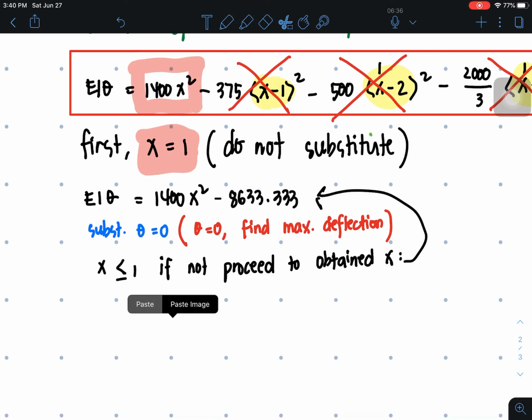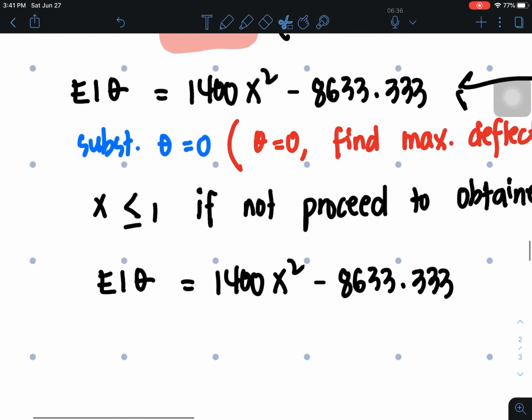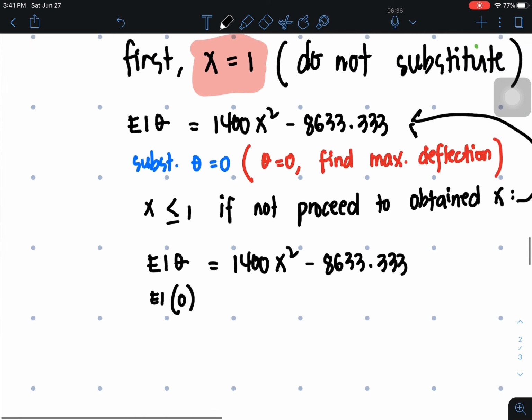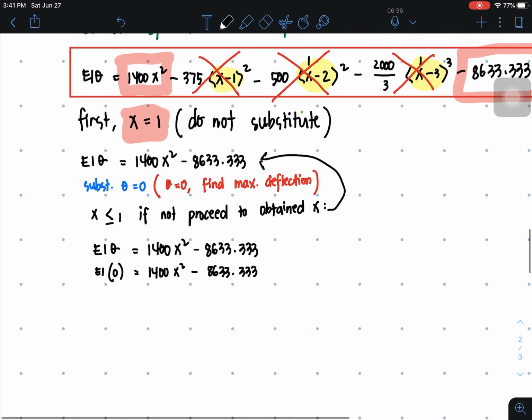And this is our equation. So we're gonna substitute theta equal to 0. So this is EI times 0 equal to 1400 x squared minus 8633.333. So this is 0 equal to 1400 x squared minus 8633.333.